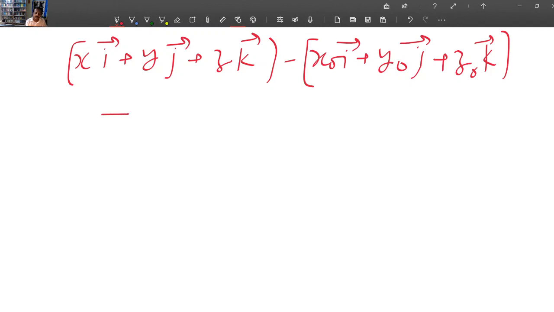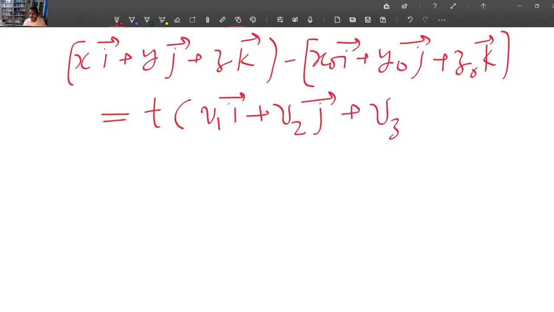It is equal to x. So that is actually equal to tv, t times v1i plus v2j plus v3k.